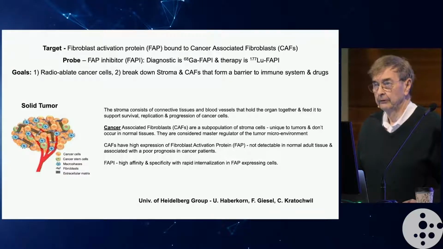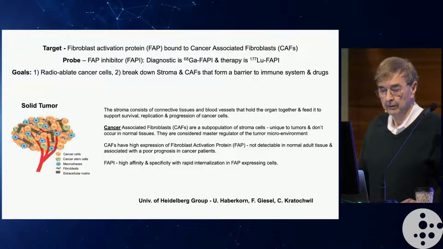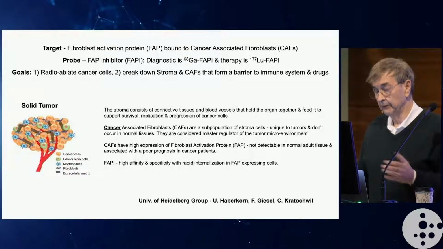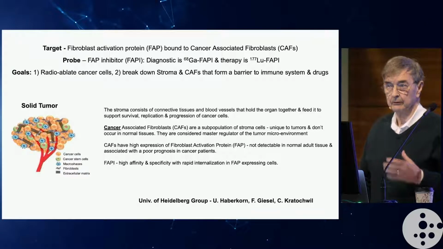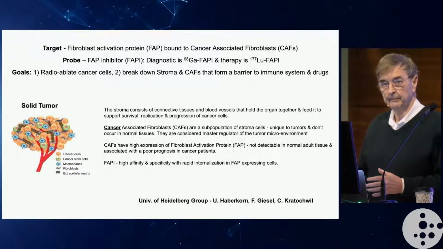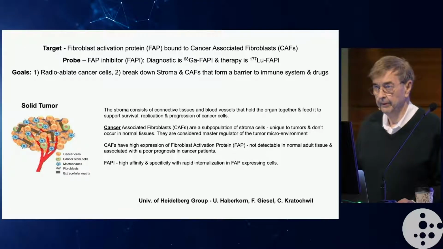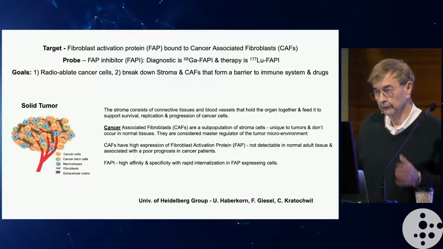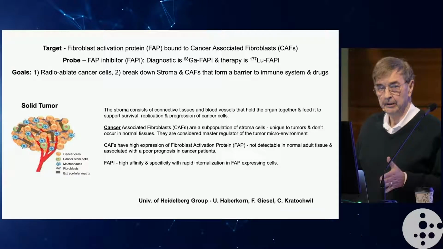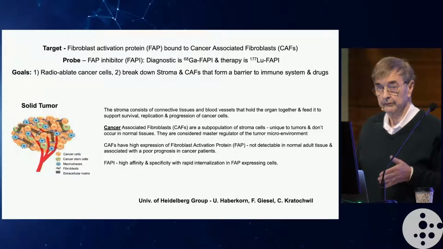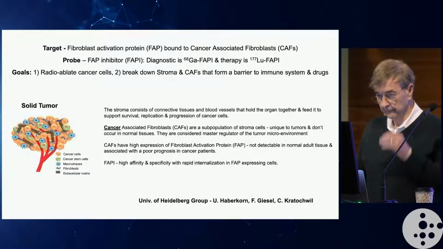So when you look at solid tumors, in some ways you can consider them as pseudo-organ systems. They are composed of cancer cells and many other normal cells that they corrupt to serve the purpose of the tumor. But they also build a barrier in the stroma to keep the immune system out of the tumor, and also, of course, a barrier to penetration of drugs.